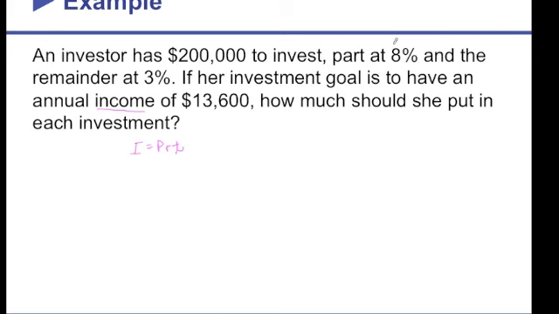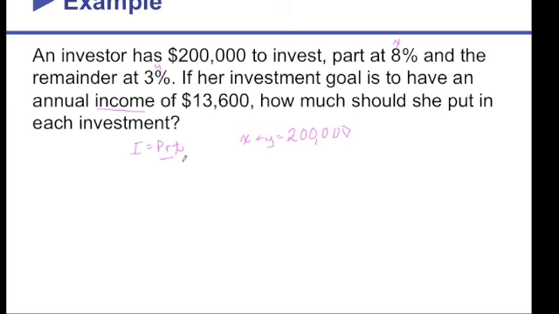So if we say X is the 8% value and Y is the 3% value, we know we're going to split this $200,000. So first, X plus Y equals 200,000. That's my first equation.